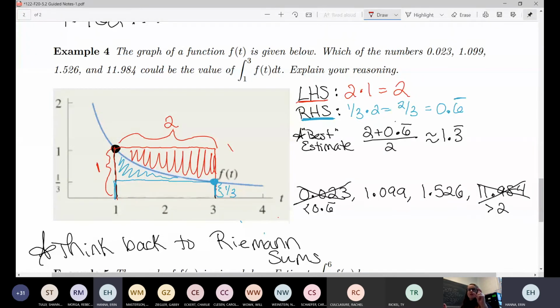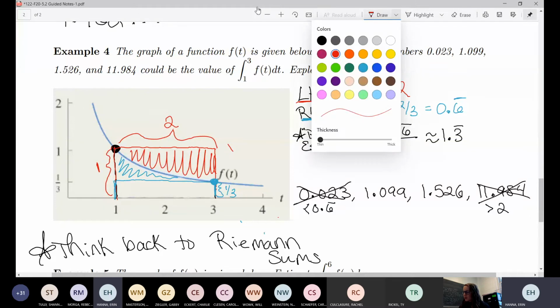So it looks like the underestimate is probably closer than the overestimate. So since the underestimate seems to be the better of the two estimates, that means the value is probably going to be less than 1.3 repeating.